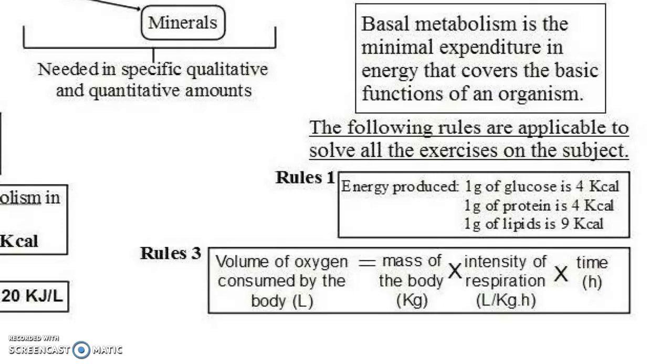Rule 1 states that energy produced by 1 gram of glucose is 4 kilocalories. 1 gram of proteins is 4 kilocalories also, and 1 gram of lipids gives 9 kilocalories.